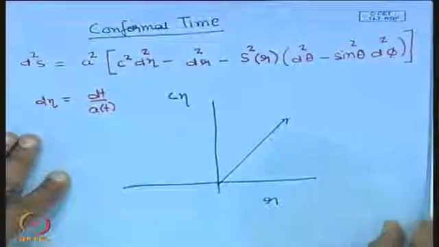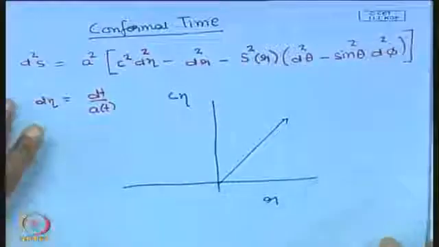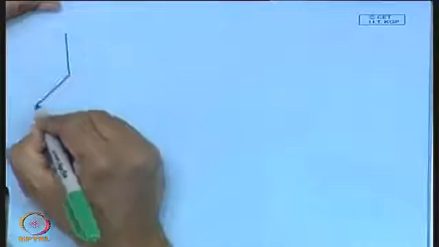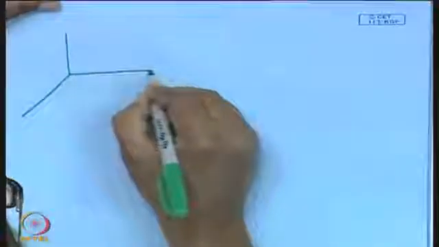So let us now use the conformal time and go back to the situation that we were discussing. There is an observer sitting here. These are the x, y, z.